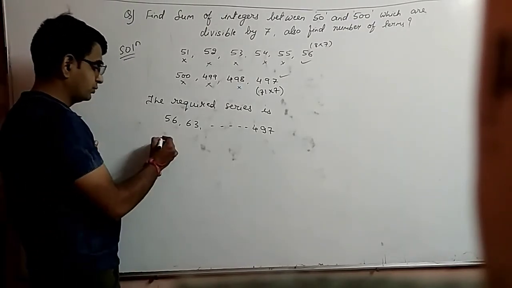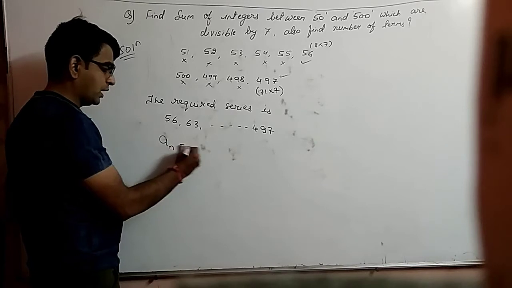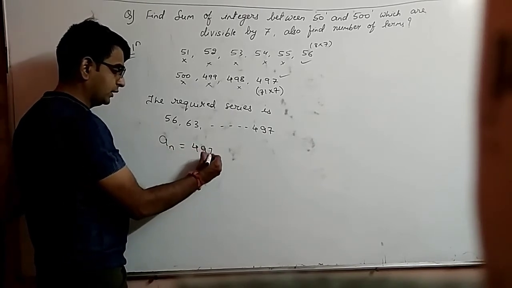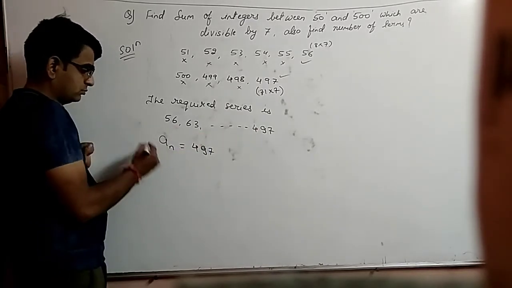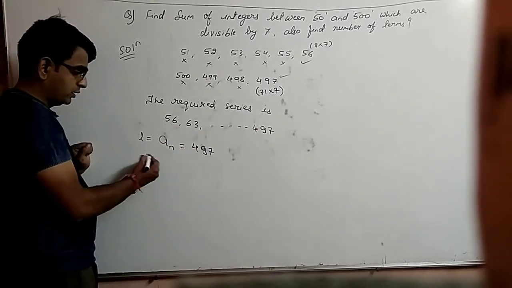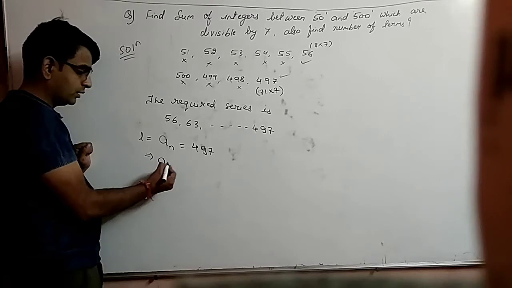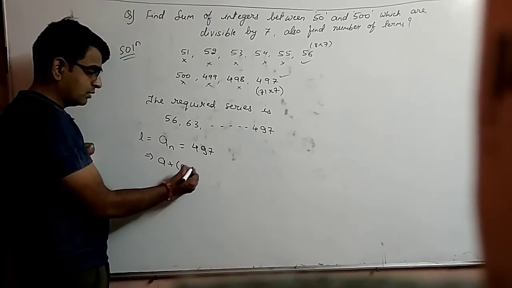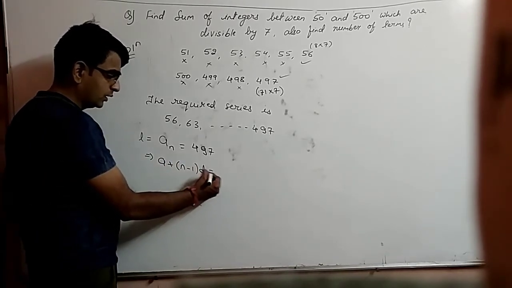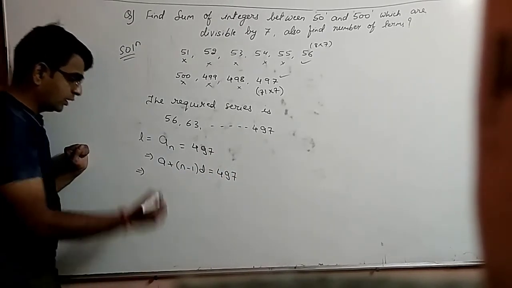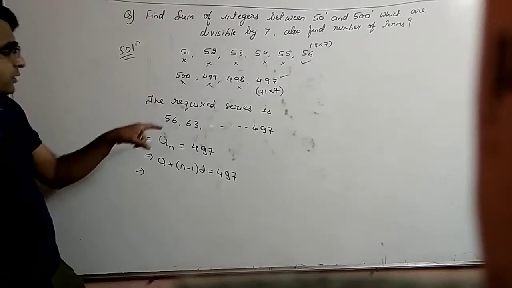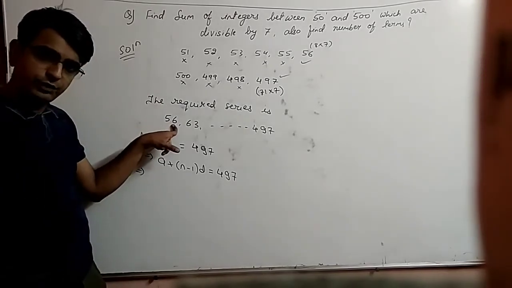Okay, so we have An is 497, the last term, and the formula for An is A plus n minus 1 into D. A is the first term, and the first term of the series is 56.